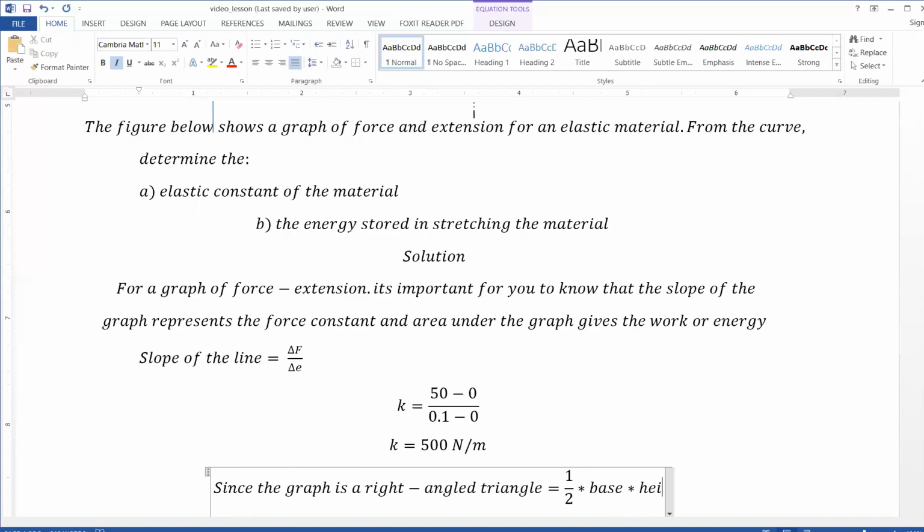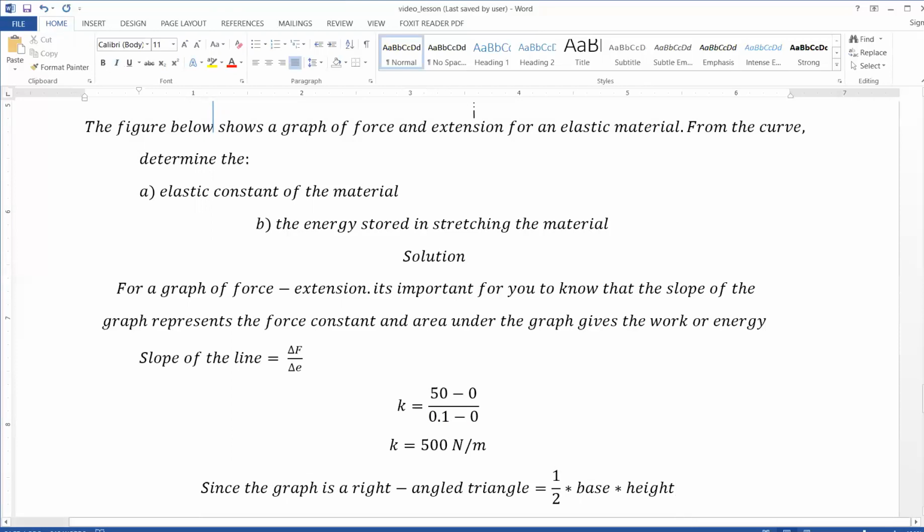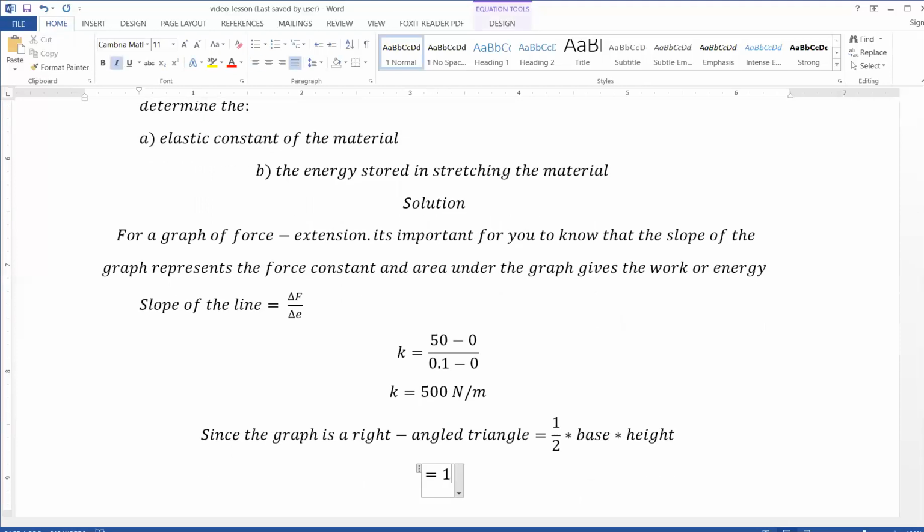From this data, half times the base of the triangle, which is 10.